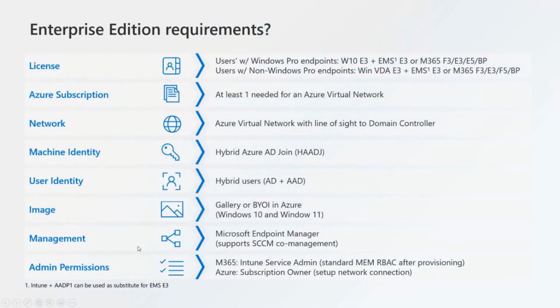Let's talk more about the Enterprise edition now, and the requirements specifically, because it integrates with your managed subscription. From the requirement standpoint, you need to have these licenses. For users with a Windows Pro endpoint, if you have Windows 10 E3, or Microsoft 365 F3, E3, E5, BP, you can just go with that.